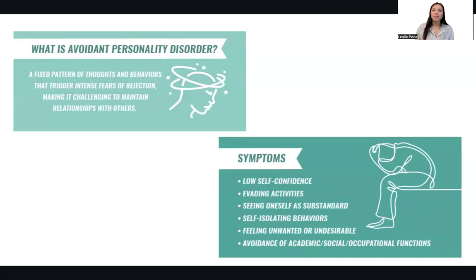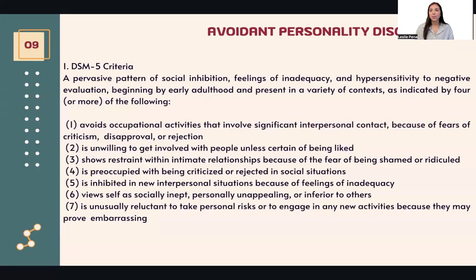They have low self-confidence, evade activities, see themselves as substandard, engage in self-isolating behaviors, feel unwanted or undesirable, and avoid academic, social, or occupational functions because they fear being negatively evaluated. So this is a pattern of social inhibition, feelings of inadequacy, and hypersensitivity to negative evaluation, beginning from early childhood.